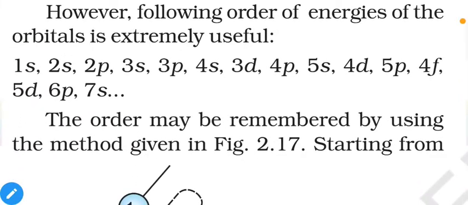The order of increasing energy follows the n plus l rule. As we discussed in the previous lecture, n plus l value in increasing order represents increasing energies. Lower n plus l value represents less energy, and higher n plus l value represents higher energy. You can remember this order with a given method.